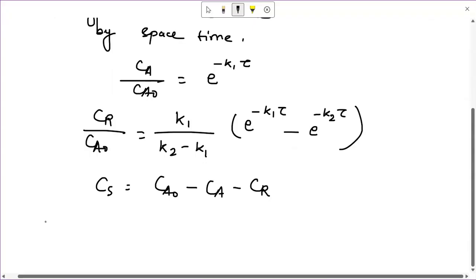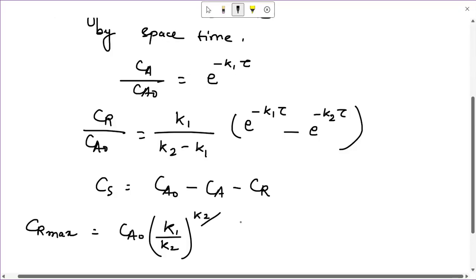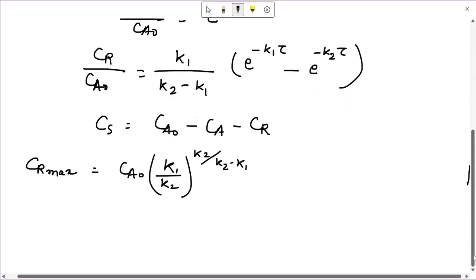The maximum concentration of intermediate, that is Cr max, is obtained as Ca0 multiplied by K1 by K2 to the power K2 by K2 minus K1. Okay, this is Cr max.